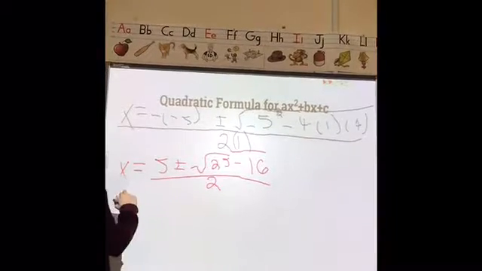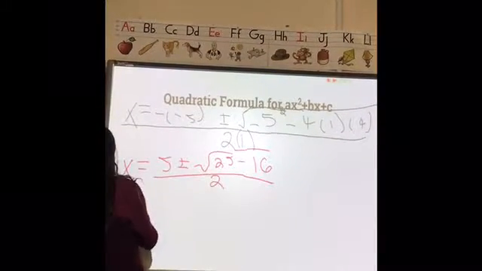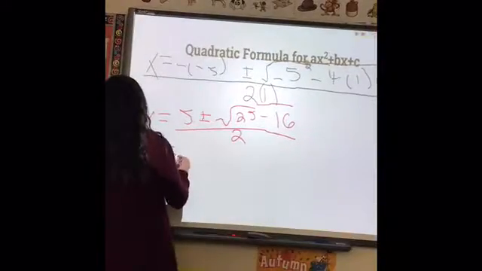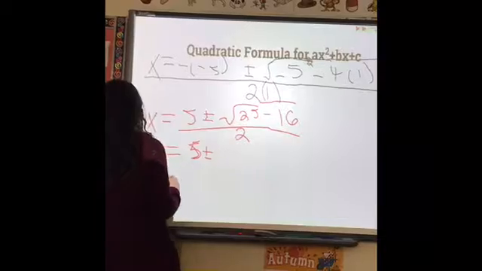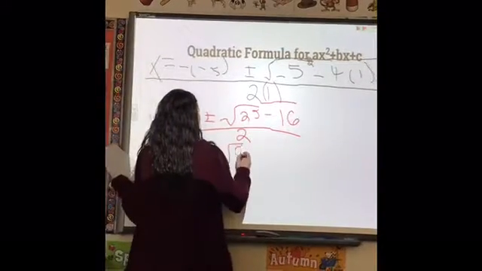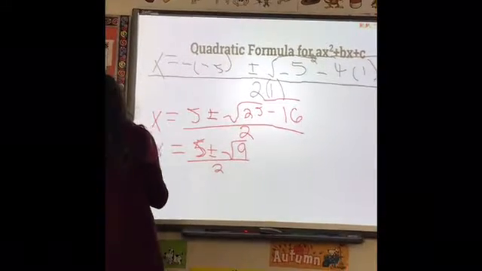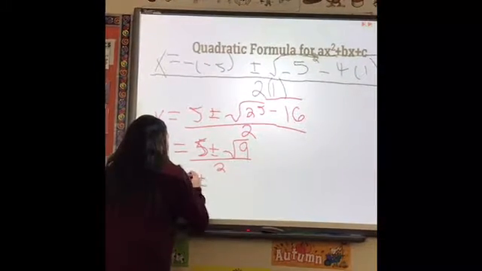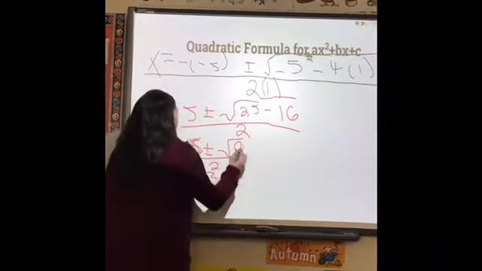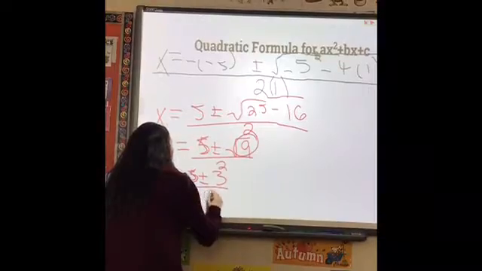Okay, so then after that, we're going to have x equals 5 plus or minus square root of 9 over 2. And then that just equals x equals 5 plus or minus 3, because the square root of 9 is 3. And then divide that by 2.